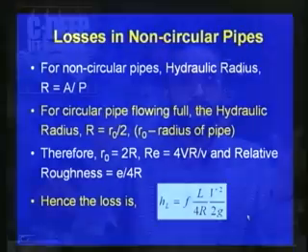Like this, for various shapes and cross sections, we can first find the hydraulic radius, then the hydraulic diameter, and that can be used for calculations like Reynolds number, relative roughness or the pipe loss.